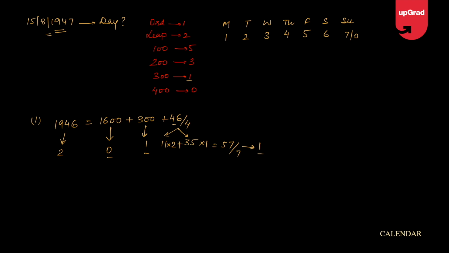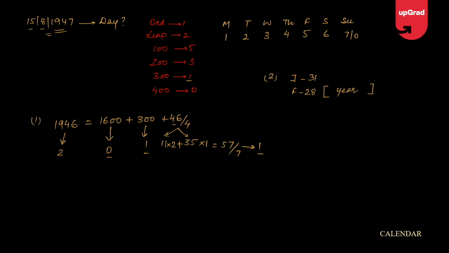Now let's come to the second step for the question, which is the current year. So in the current year, I have to reach till 15th of August. January has 31 days. February has 28 days. Now this depends upon the year that we are calculating for. If 1947 is the year, it is going to be an ordinary year. Therefore, February will have 28 days.